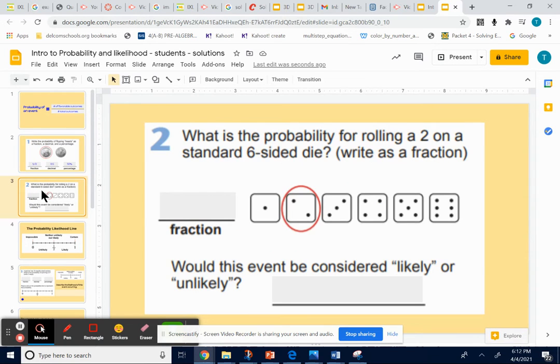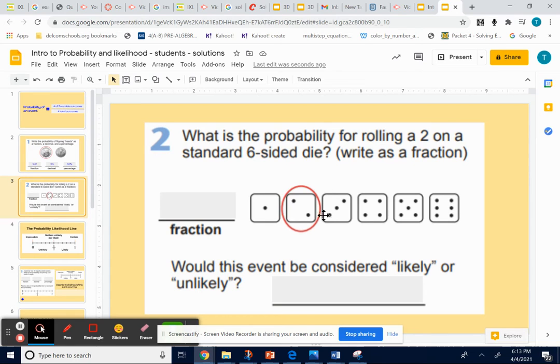Okay, number 2. What is the probability for rolling a 2 on a standard 6-sided die? Favorable outcomes over total outcomes. There's 6 outcomes, because you could roll a 1 or a 2 or a 3 or a 4 or a 5 or a 6. So there's 6 total outcomes.